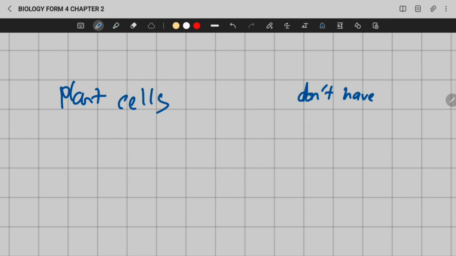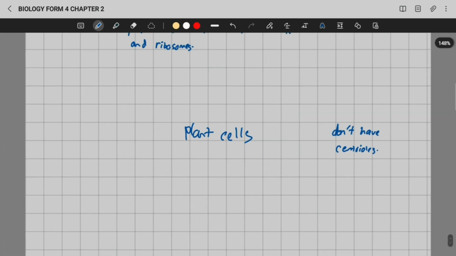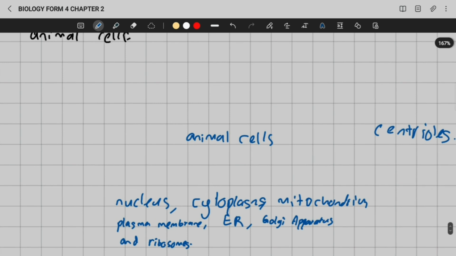Don't have what I said, centrioles. This we will learn later in cell division and cell replication. Why they don't have centriole, how they make their fiber, spindle fiber. And what animal cell don't have is the cell wall.